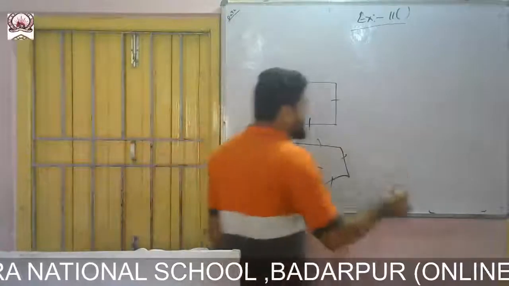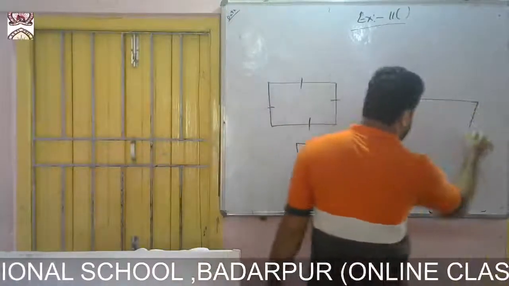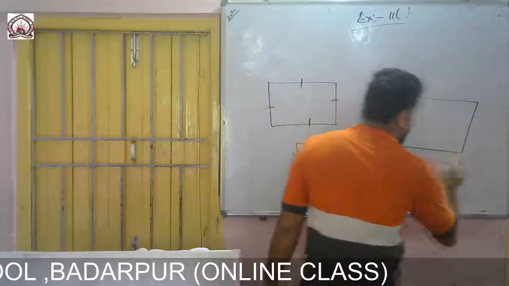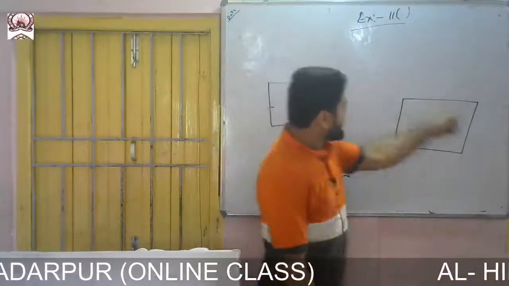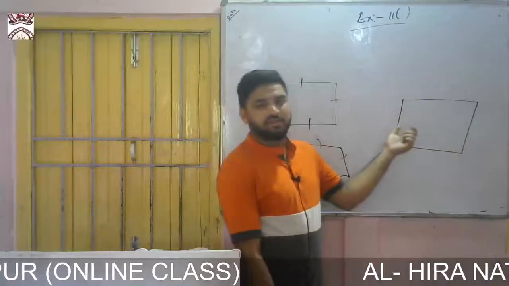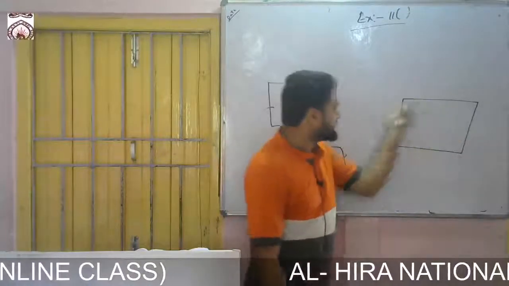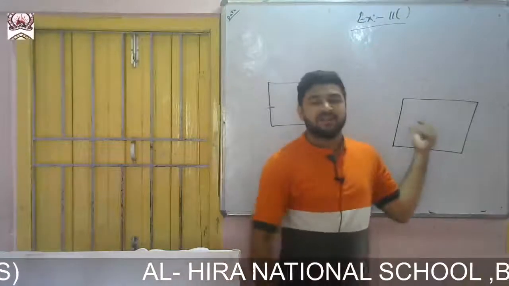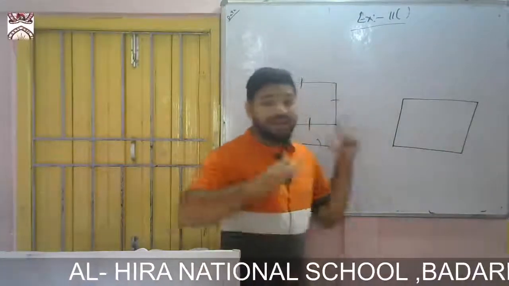So this is a quadrilateral, no doubt, because it is a closed figure with four sides. Now this has one special name because these are parallel lines.